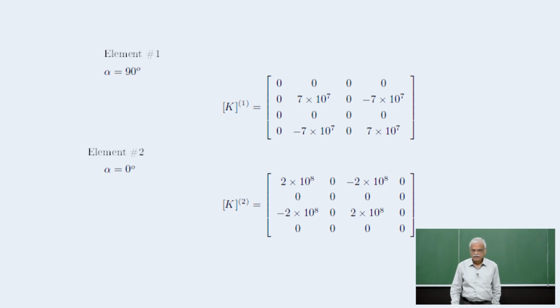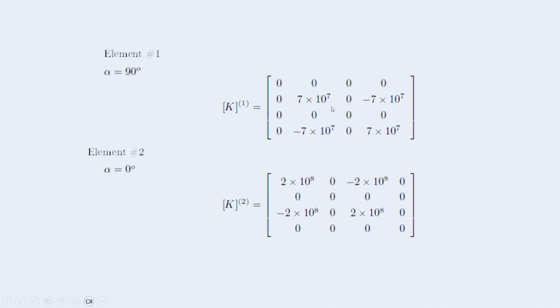And then the various expressions for each element: cos square alpha at the top, and the row continues as cos alpha sin alpha, minus cos square alpha, and minus cos alpha sin alpha. Like this, all the 4x4 expressions are there. This is the 4x4 matrix.